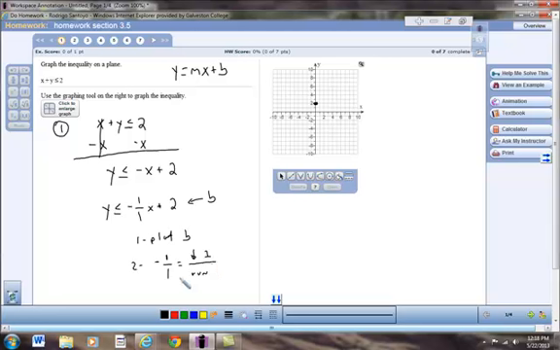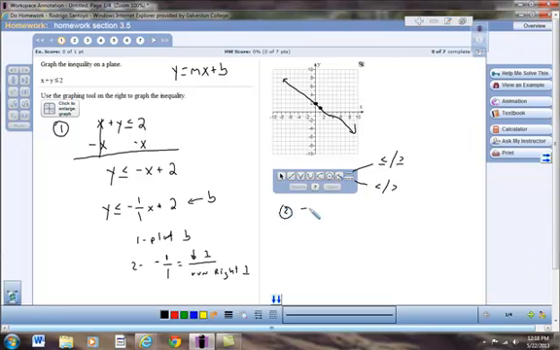Always run to the right. So from this point, I go down 1, run to the right 1. Got my second point. Now I can just connect the dots. And why is this a solid line? It's a solid line because anytime your inequality has an equal sign, it's solid. And it's dashed when there is no equal sign below it.